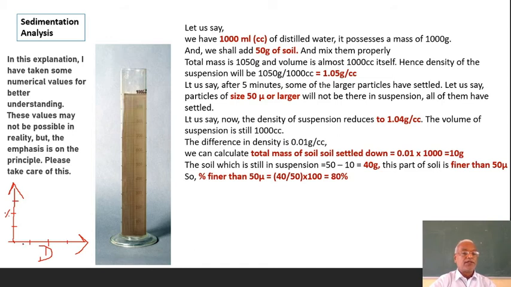If this is 0.1, then this will be 1, 10, 100. If this is 0.001, this will be 0.01, 0.1, 1. Like that the graph is there. Percentage finer is plotted here, and all the particle sizes, starting with 50 microns and going down, can be plotted here.